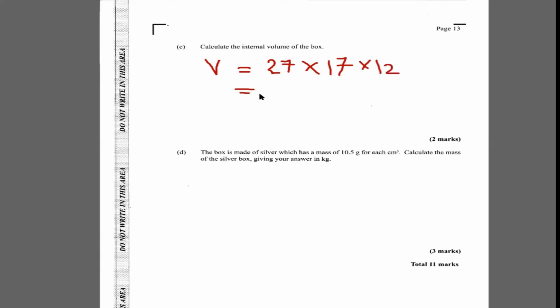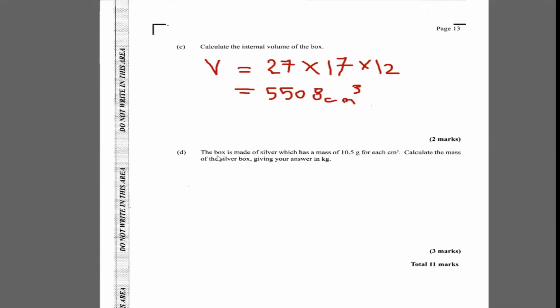What is that going to give us? That's 5,508 cm cube. That's the internal volume of this right here. All right, nice and easy.